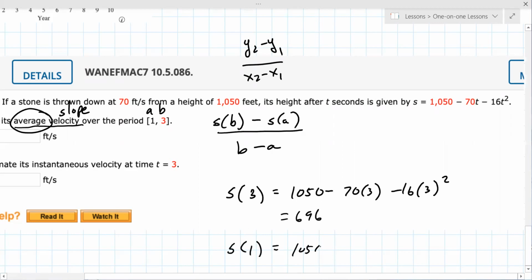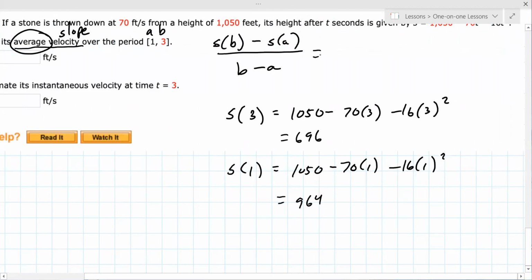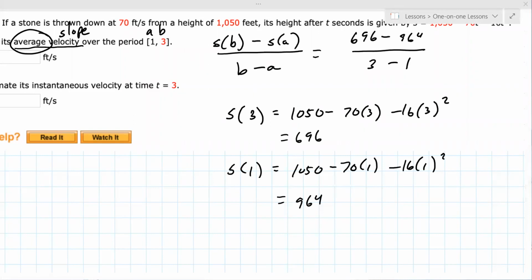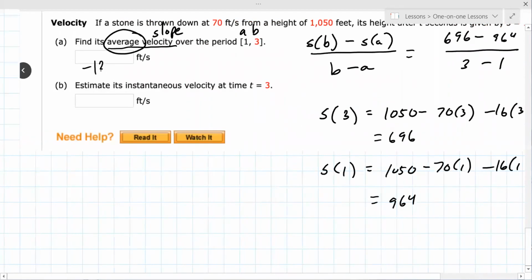So that's 1,050 minus 70 times 1 minus 16 times 1 squared. And that's 964. Okay, I got that too. So we get 696 minus 964 over 3 minus 1. And I get negative 134. All right, so that should be that, okay?